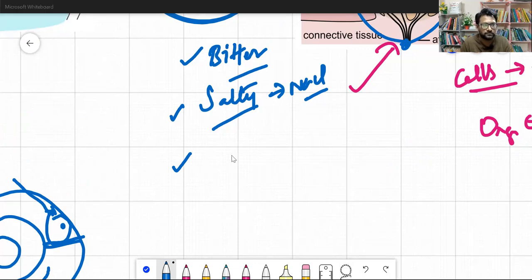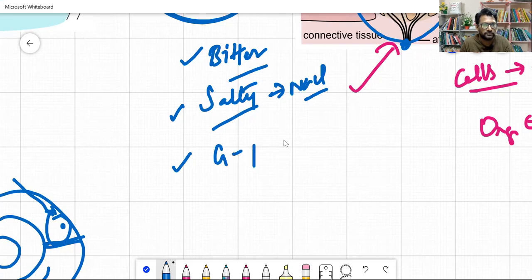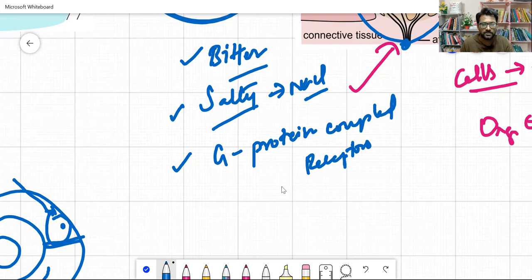The third one is sweet. Like bitter taste, sweet transduction involves G protein coupled receptors. In biology, when we talk about receptors, there are different types of receptors.